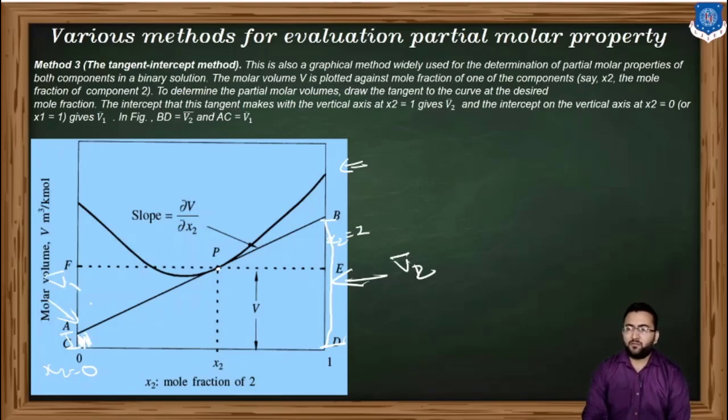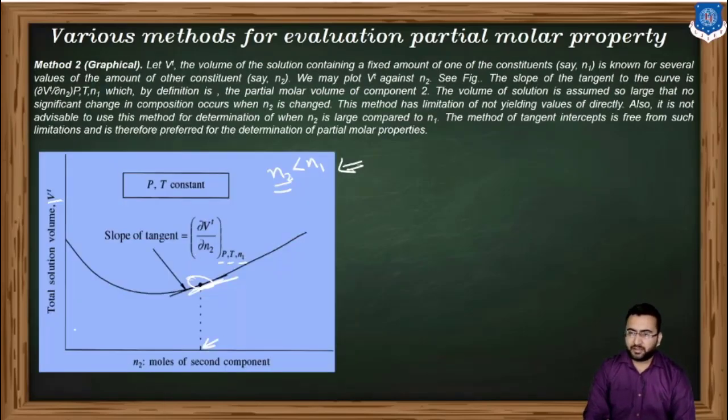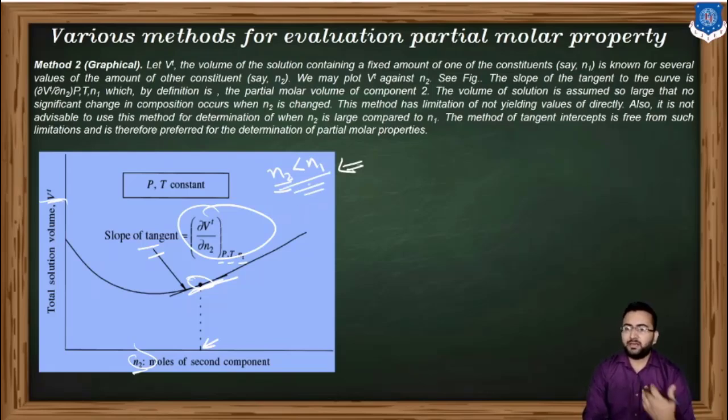So this is how we can find the partial molar volume for both components. In the previous method, we were just plotting the Vt versus N2 graph. So there we can only find the partial molar property of component 2 when N2 is less than N1, or N2 is in a very dilute amount.